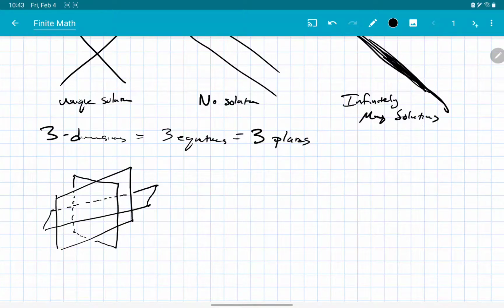Here's 3 planes. And they can intersect at one point. Okay, 3 planes can intersect at one point. And that is when we have a unique solution.